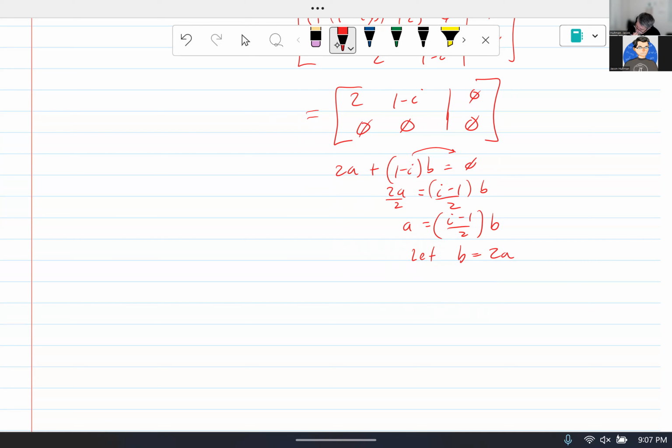Okay, and so then... So this is going to be 2a is equal to, let me not divide by 2. I don't like the division by 2 there.